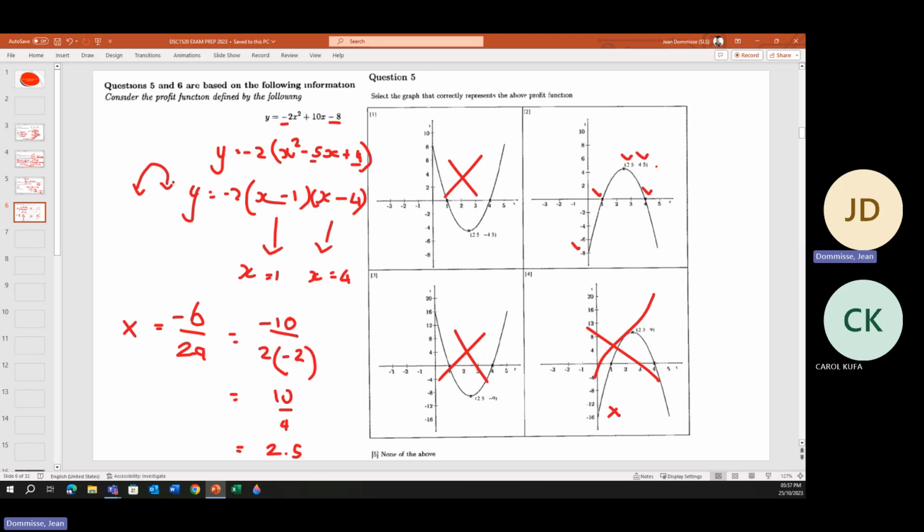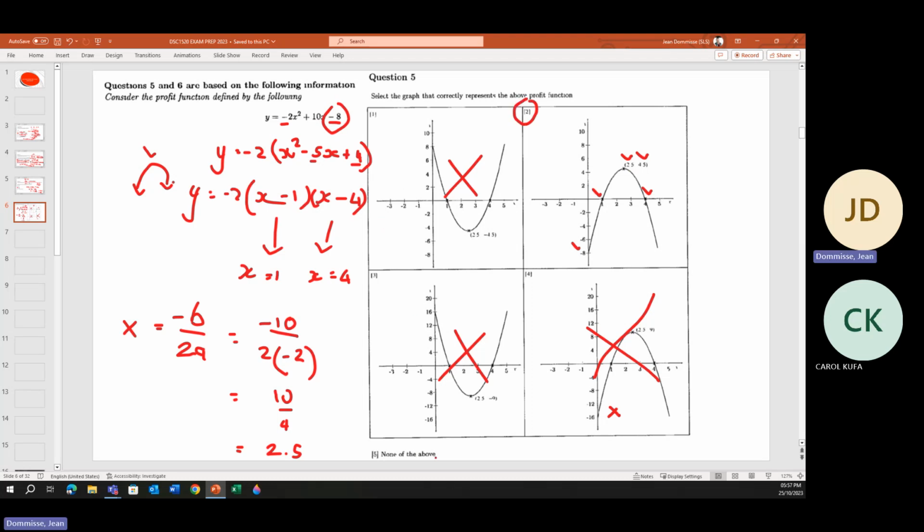Okay, so again, in the exam, I will probably only have done the shape and probably the y cutoff, and then I would have said, okay, but by looking at all the others, that is how I would have gotten option 2. Okay.